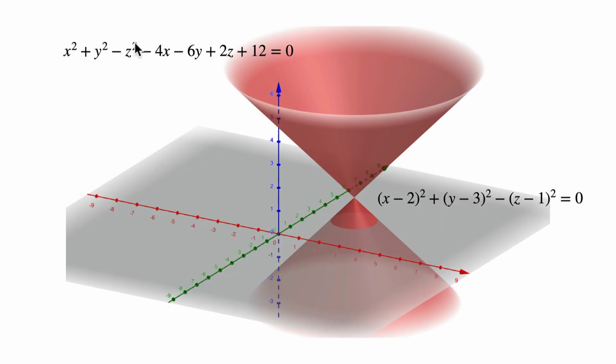And the second case, in which we completed the square on this expression and we got this result, this equation with our expression as the left-hand side and with right-hand side 0 describes a double cone with a vertex in point 2, 3, 1.